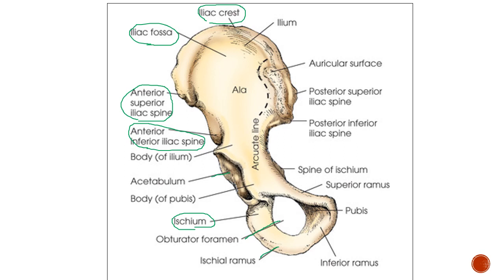Now this down here is referred to as the inferior pubic ramus technically because this is the pubic bone, and the superior ramus is technically the superior pubic ramus. The spine of the ischium, the posterior inferior iliac spine, the posterior superior iliac spine, the auricular surface, which is going to articulate with the sacrum, and then finally the ilium.